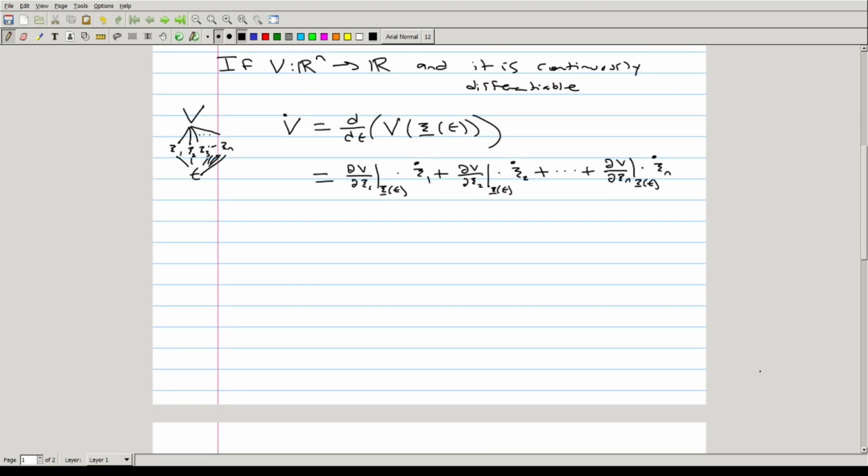Which, as we saw before in the last lecture, we can simplify as the gradient vector of v evaluated at the point xi of t, dot product with the vector xi dot of t.